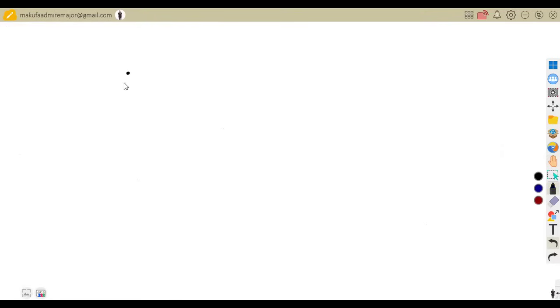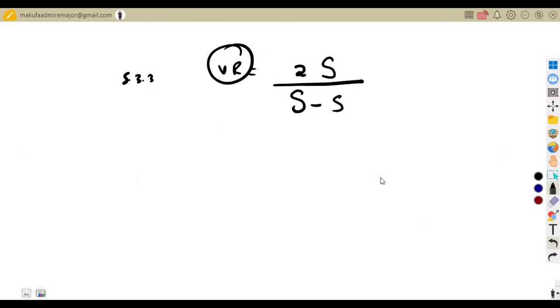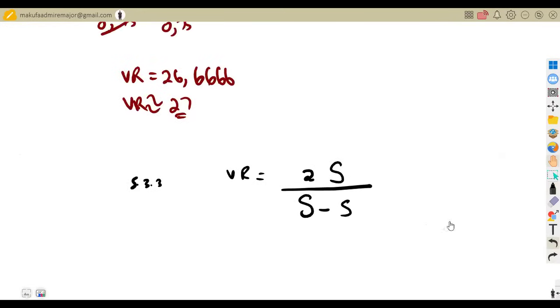This same displacement ratio on its own is given as 2 times the number of slots on the larger pulley over the difference, which is the larger one minus the smaller one. We have this velocity ratio from our calculations, which is our displacement ratio, as 27.